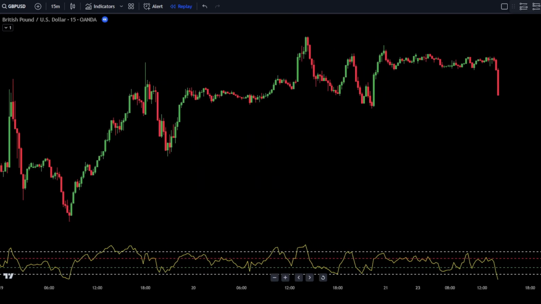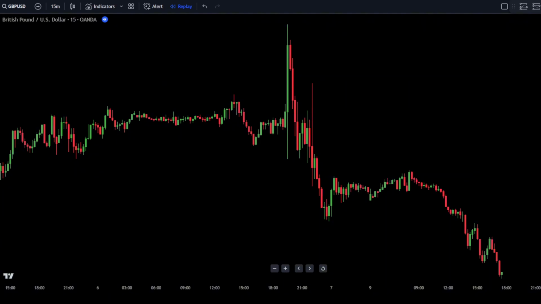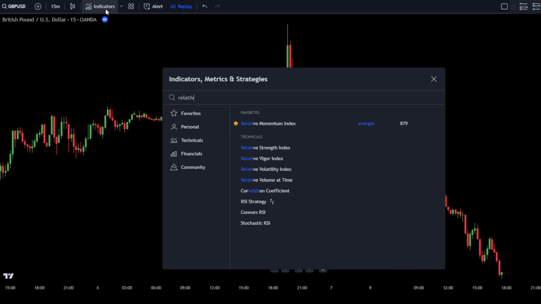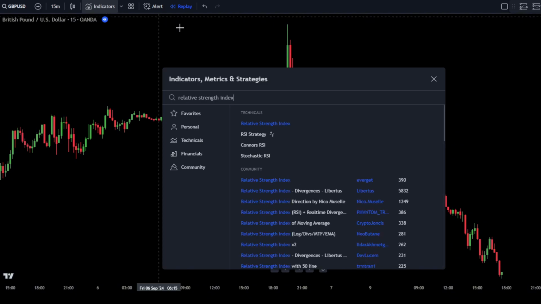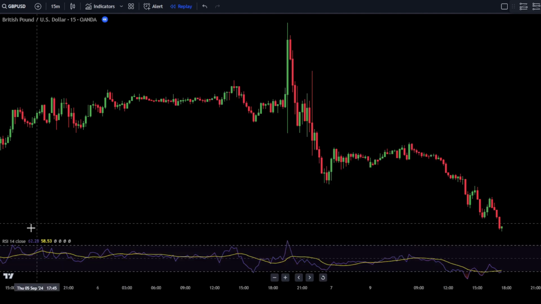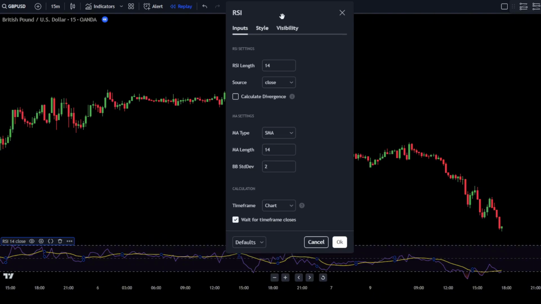To use this scalping strategy, you can start by going to TradingView. Then, go to the Indicators tab and type RSI or Relative Strength Index in the search bar. Select the default RSI indicator from TradingView. Next, you need to adjust the RSI settings. In the Input tab, change the RSI length to 8.